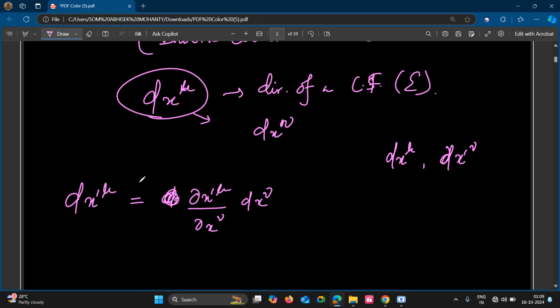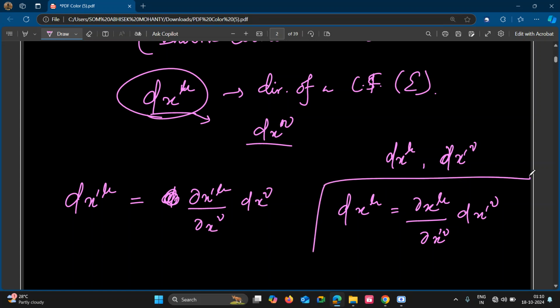So this will be the conversion between dx dash mu and dx nu. But we have dx mu and dx dash nu, so I will just exchange the dashes: dx mu is equal to del x mu divided by del x dash nu into dx dash nu. Will that be correct? This one is dashed, so this one will also be dashed.